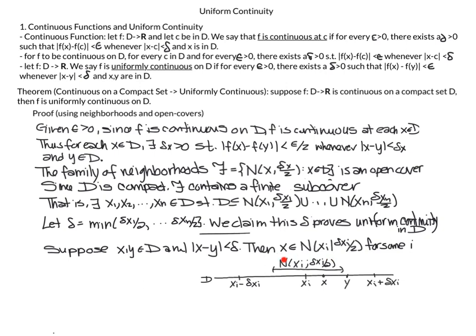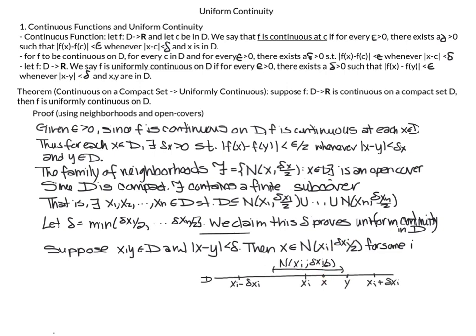So now that the set of neighborhoods is an open cover, when we choose our x and y and delta such that x minus y is less than delta, then x has to belong to one of these neighborhoods because the set of these neighborhoods is an open cover.